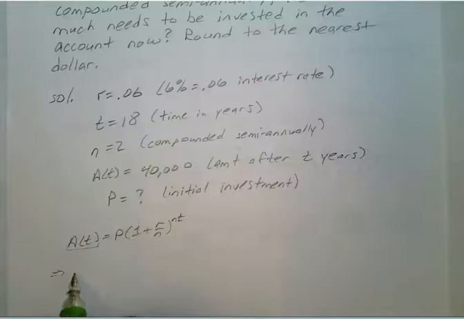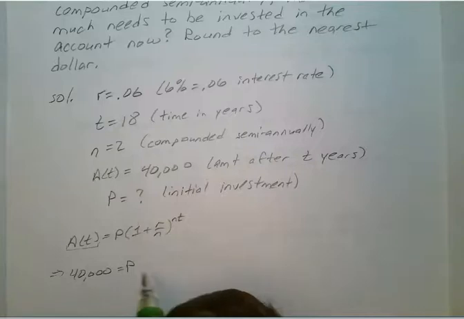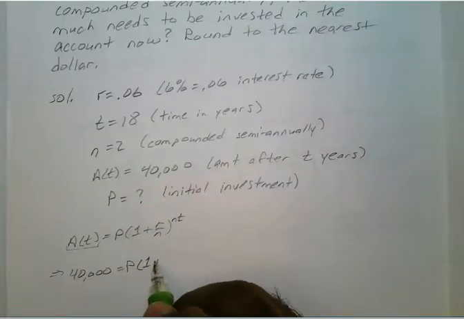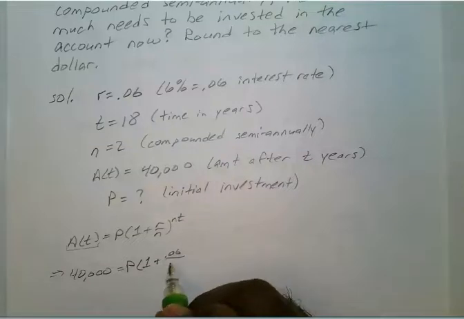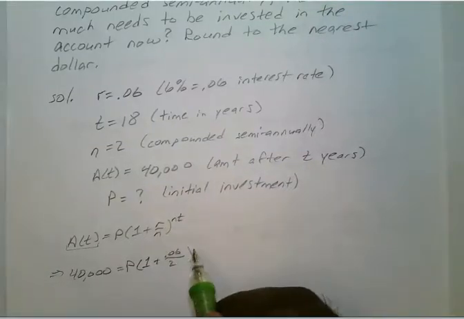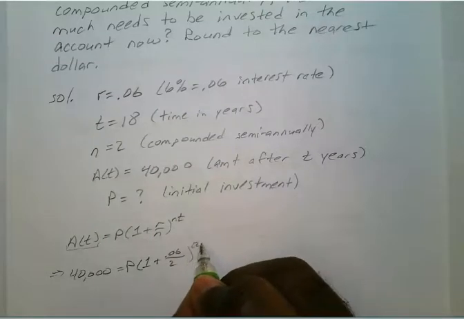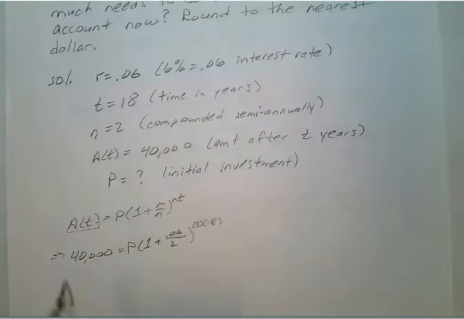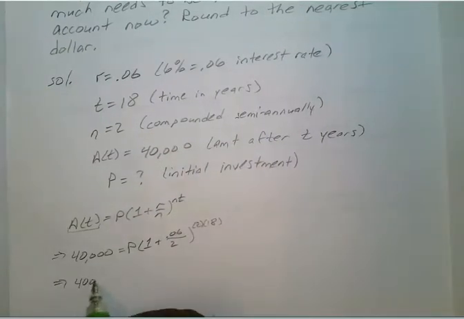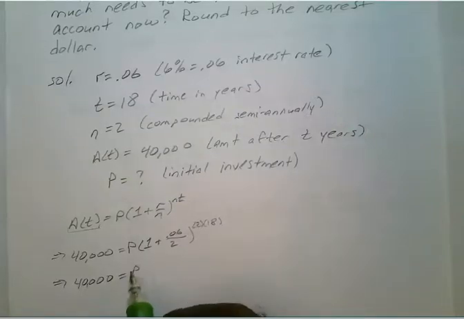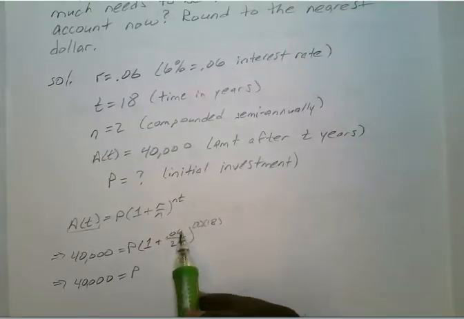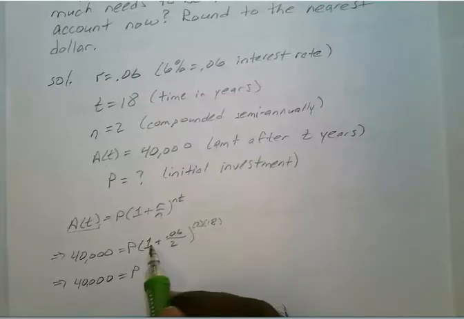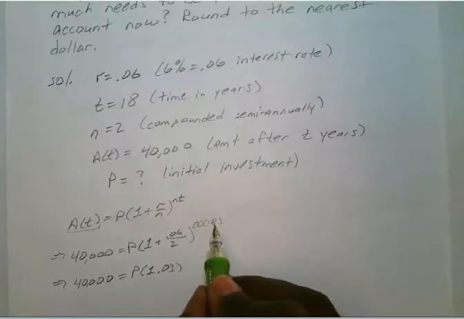So we replace this with 40,000, which is equal to our principal, which we do not know, times 1 plus 0.06 over 2, our r divided by n, to the power of n times t, so that's 2 times 18. So that gives us 40,000 equals our principal, and 0.06 divided by 2 is 0.03. So 1 plus 0.03 is just 1.03 to the 36th power.